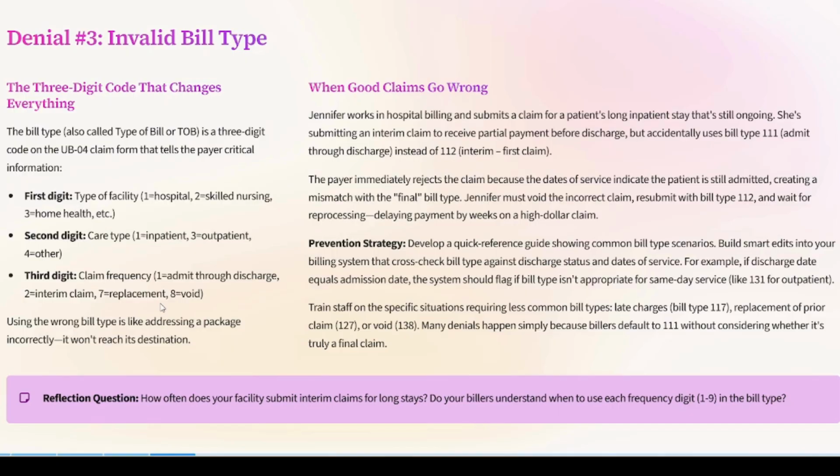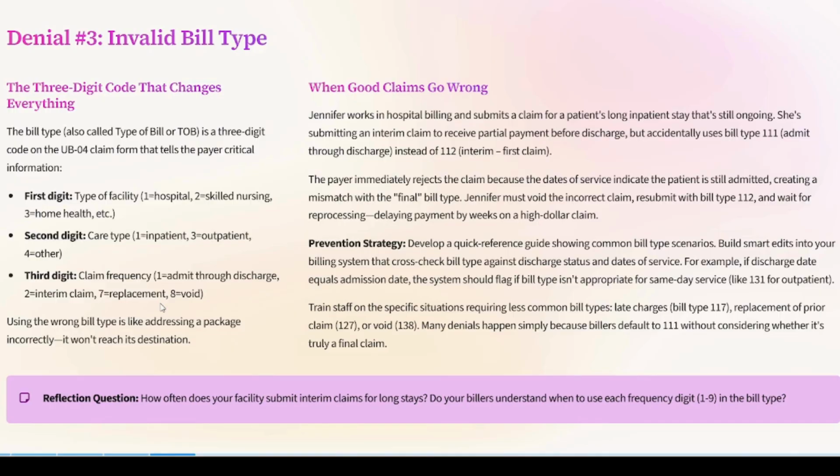Train staff on specific situations requiring less common bill types, such as late charges, bill type 117, replacement claims for prior claims, 127, or void, 138. Many denials happen simply because the biller defaults to 111 without considering whether it's truly the final claim. All right, and that's why it's so important.